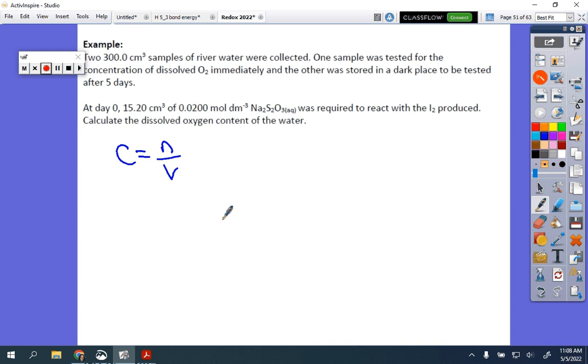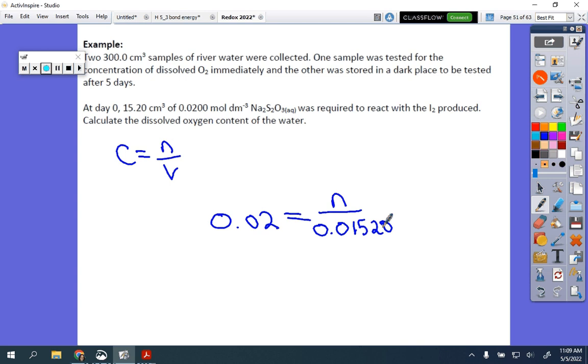So that's our C. Our volume is 15.2 milliliters, but we have to put this in liters, so it's 0.01520. You see where I'm getting that?